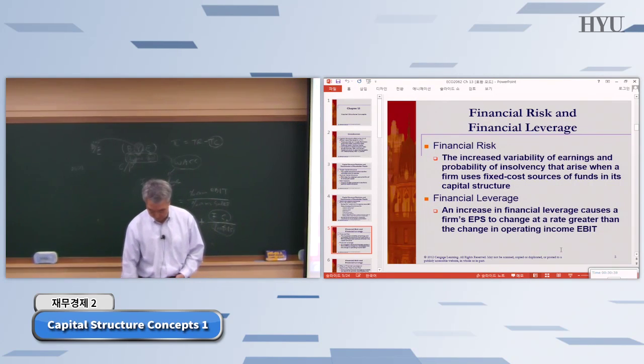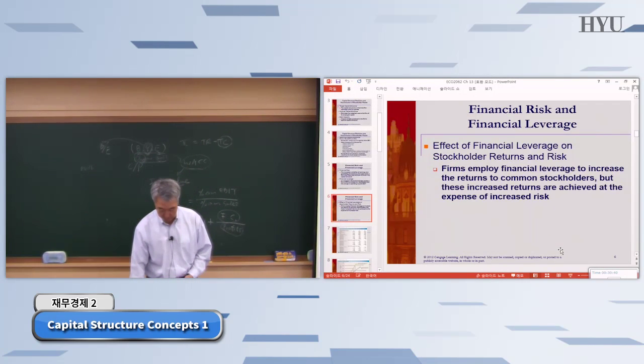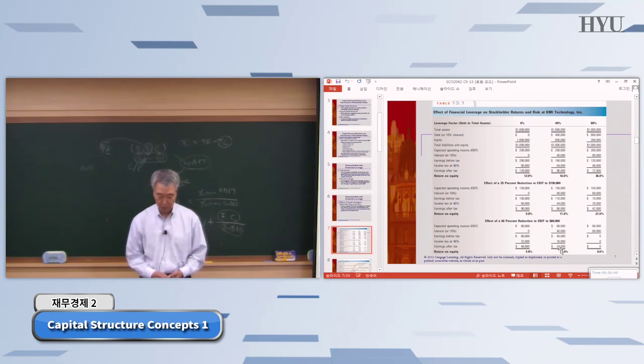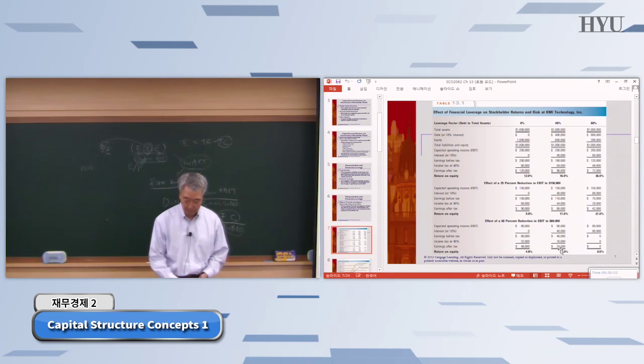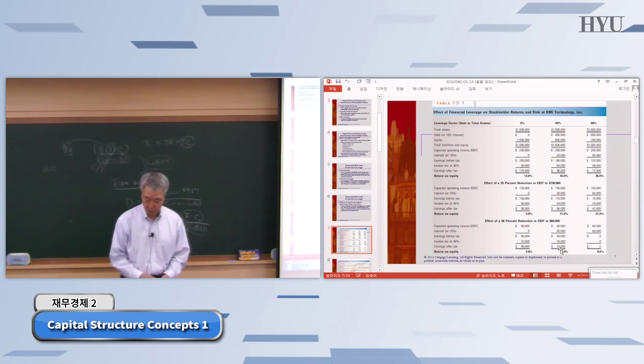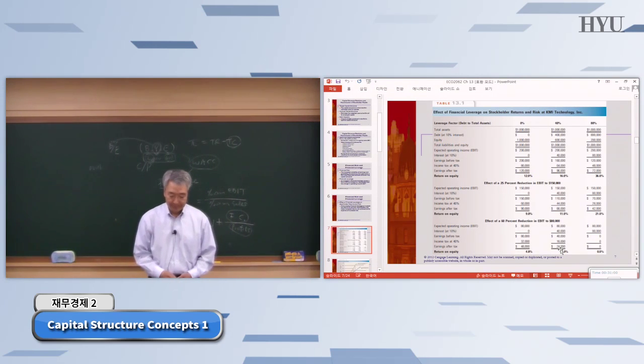Well, what are we talking about here? Let's use this table first to understand what we're trying to talk about. This is table 13.1 in your textbook, in case you don't have your note with you. So we have 3 examples here.